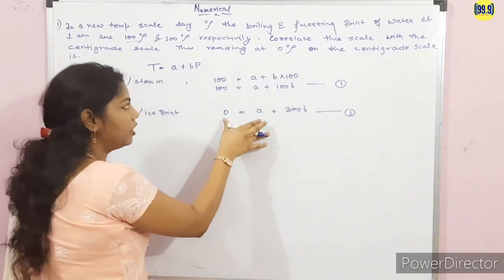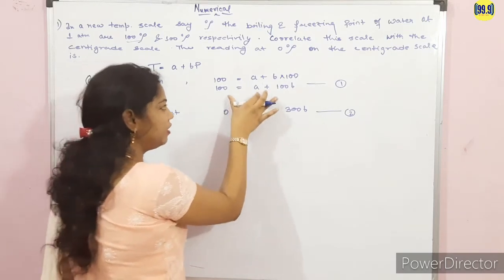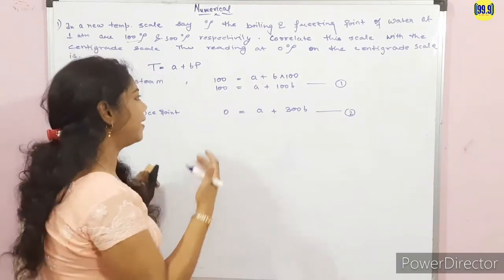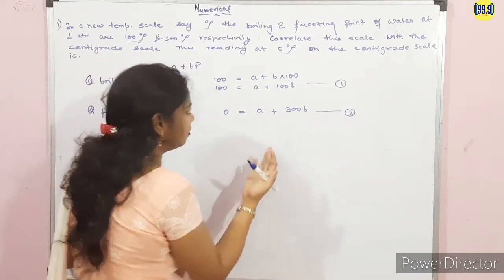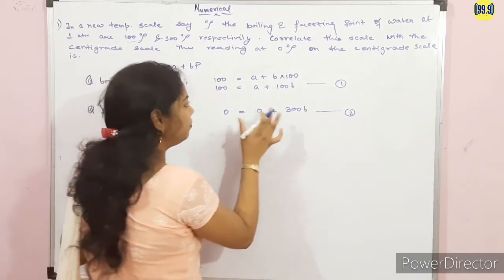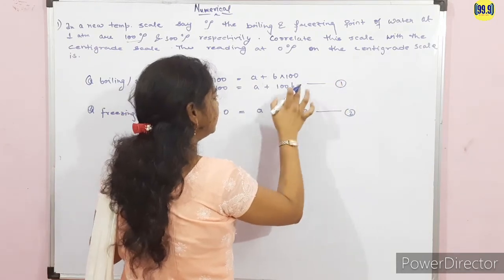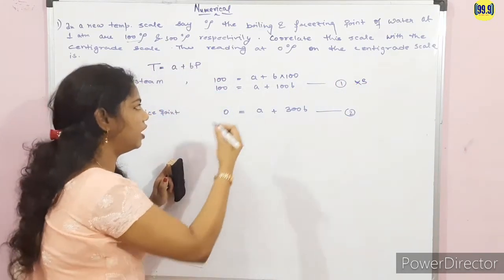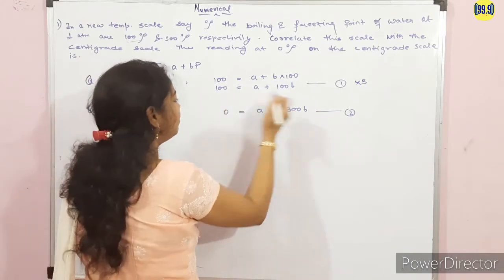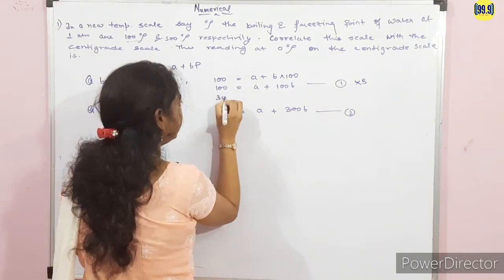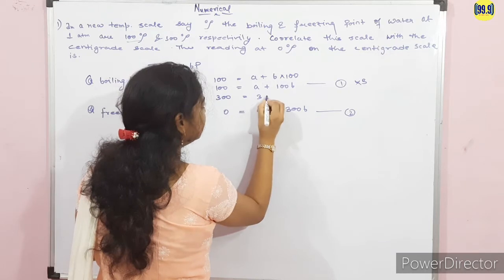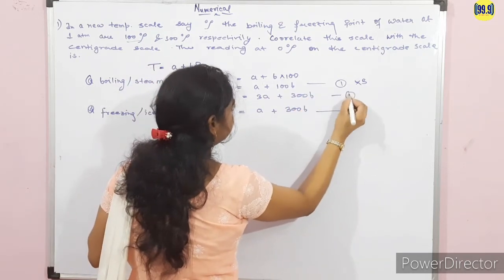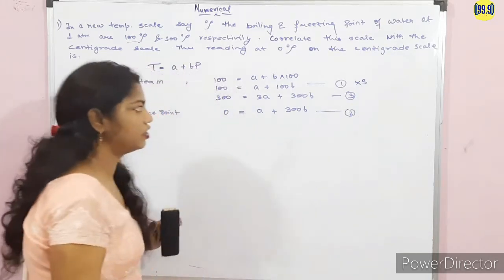You can see that in equations 1 and 2 we have two equations and two unknowns. So we can solve these equations by simple mathematics, but before that we multiply equation 1 by 3 for getting the values of A and B. After multiplying with 3, it will become 300 is equal to 3A plus 300 B. Let's say this equation is 3.